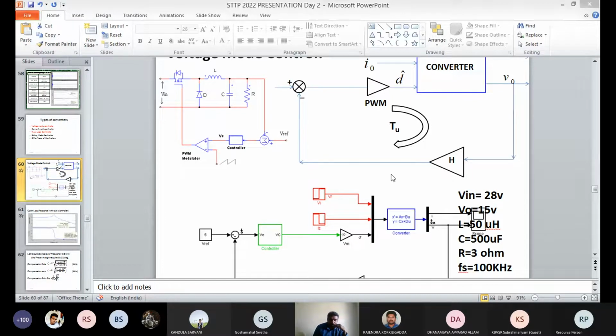The simple voltage mode controller is something most people know about. They have heard about the KP and KI controller.